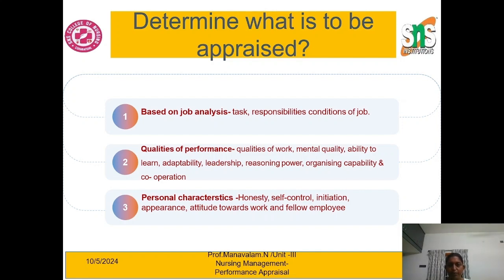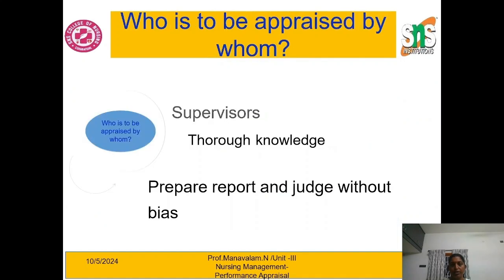Second, qualities of performance, like quality of work, mental quality, ability to learn, adaptability, leadership, reasoning power, organizing capability, and cooperation. Next, personal characteristics: honesty, self-control, initiative, appearance, attitude towards the work and fellow employees. Everything we have to appraise.